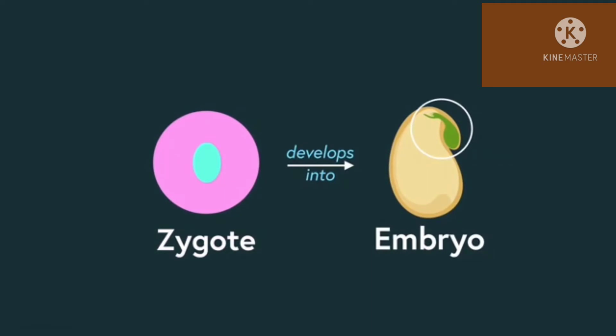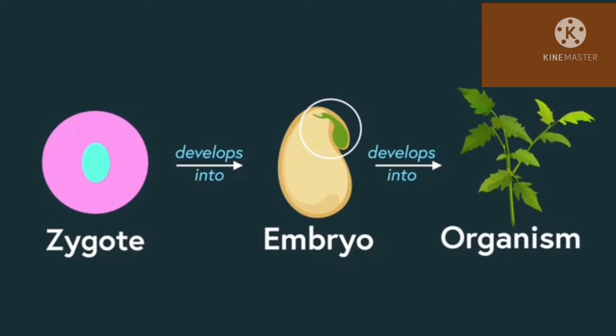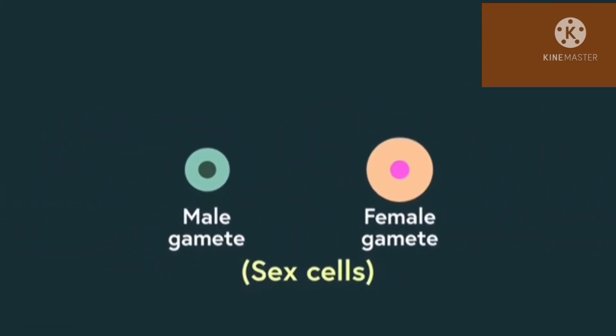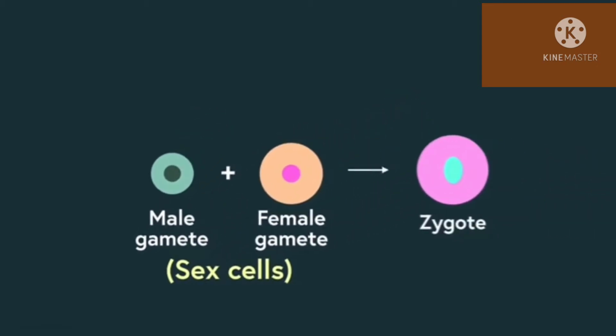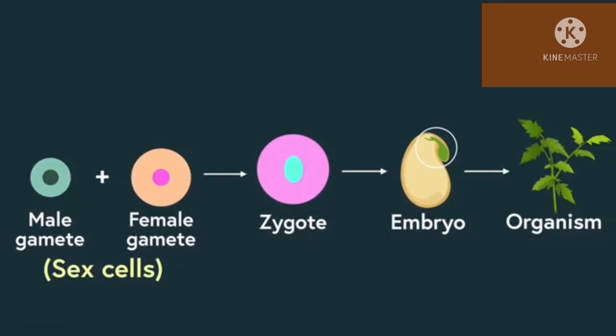This zygote develops into an embryo, and the embryo develops into an organism. Clear? The male and female gametes are sex cells. When these are fused together, they form a zygote, and the zygote develops into an embryo, and the embryo develops into one organism.